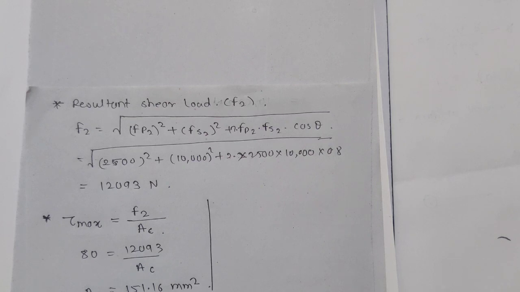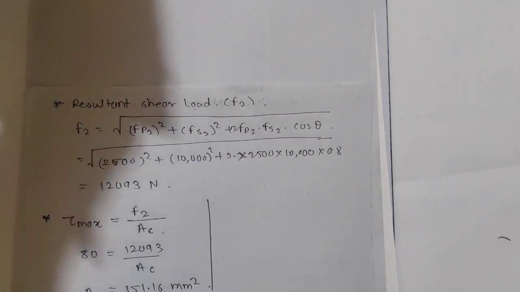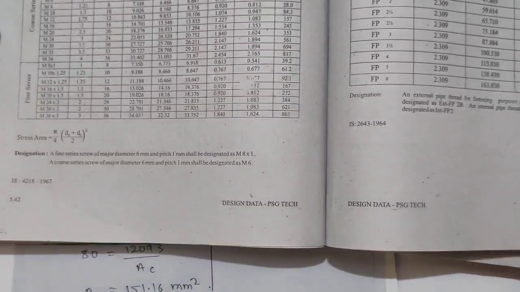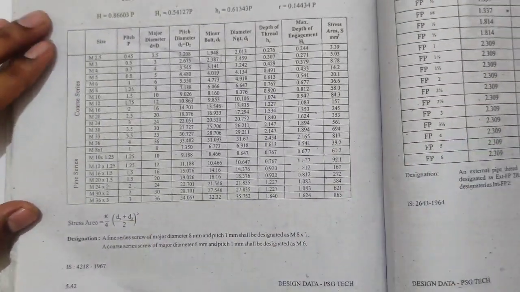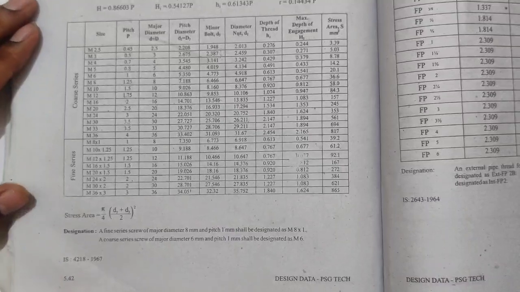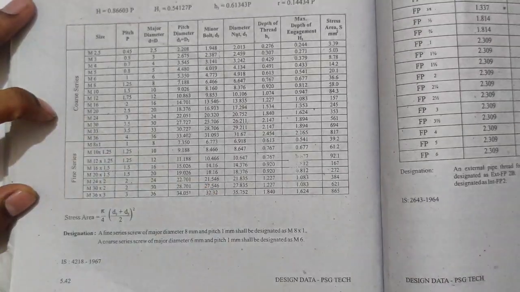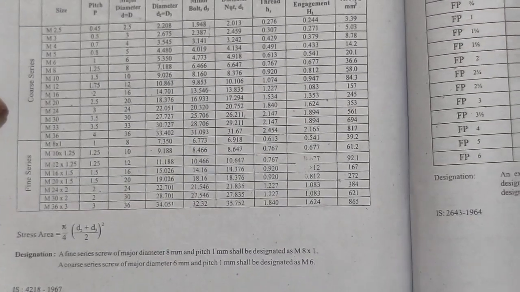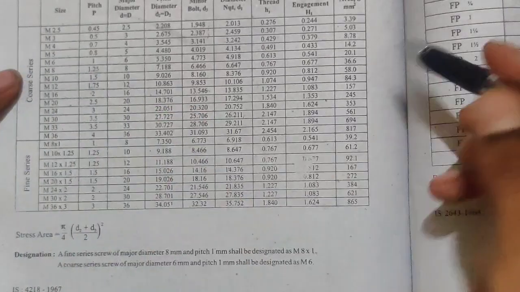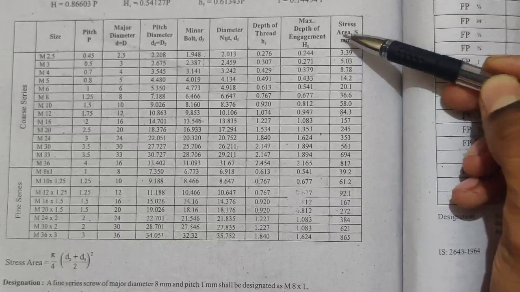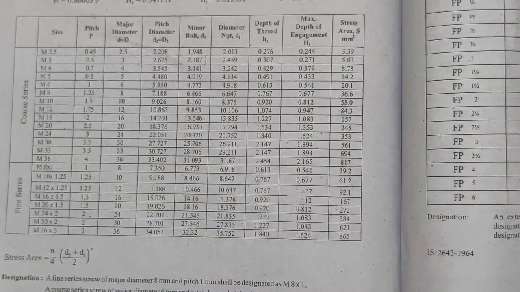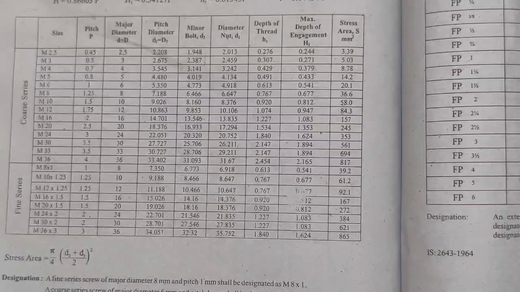Now go to the PSG page number 5.42. Okay, go to the coarse series. Here you will find stress area, in this last column. Now how much area did we get? 151.16.